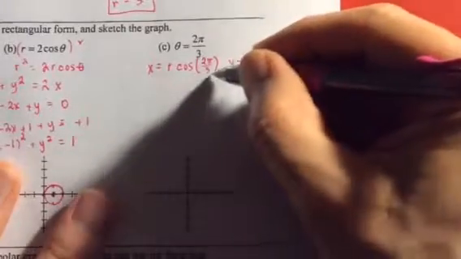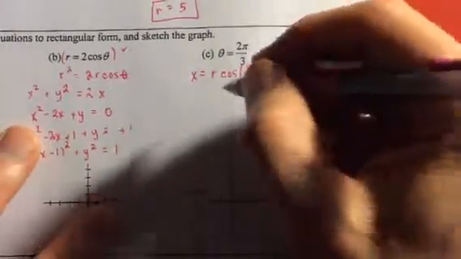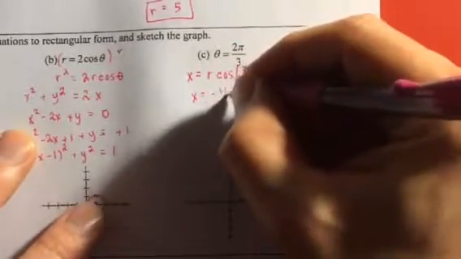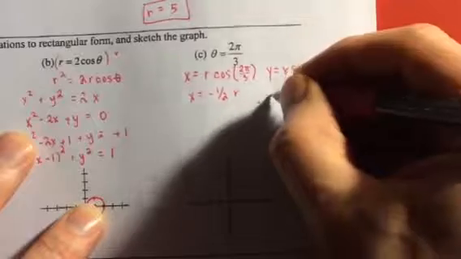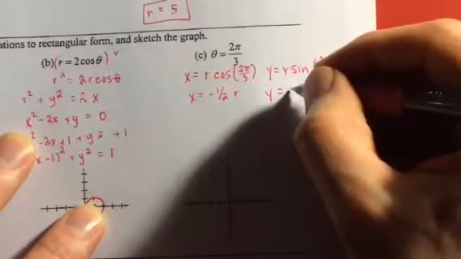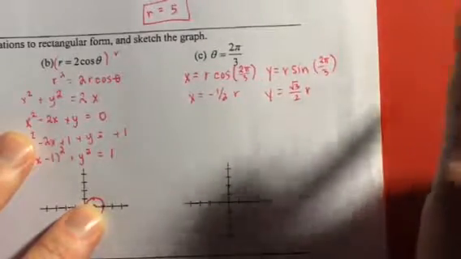Well, the cosine of 2 pi over 3 is negative 1/2. So x is equal to negative 1/2 times r, and y would be equal to root 3 over 2 times r, since the sine of 2 pi over 3 is root 3 over 2.